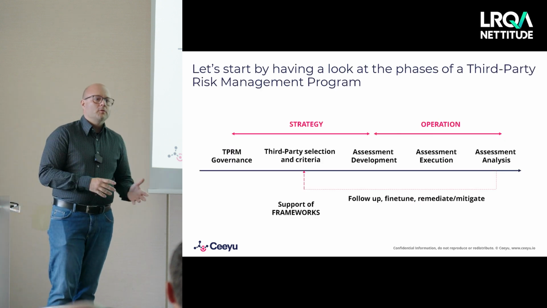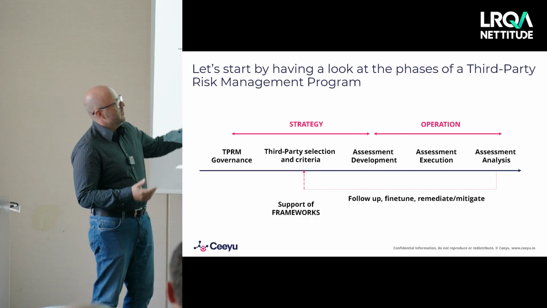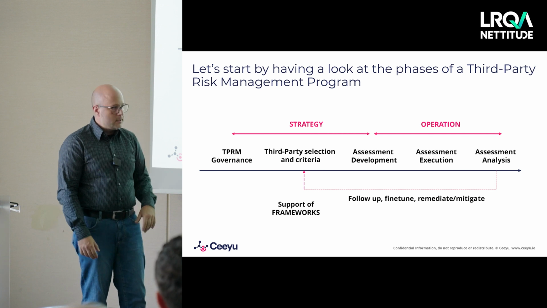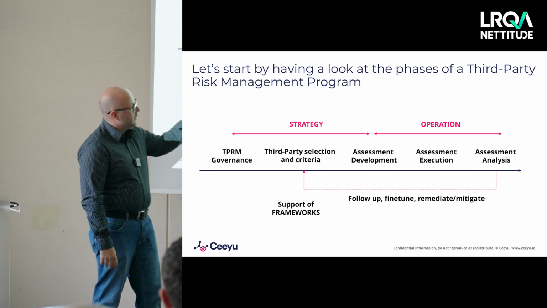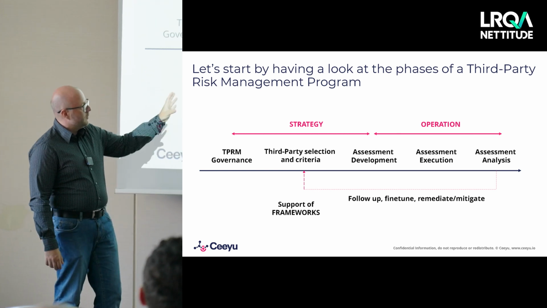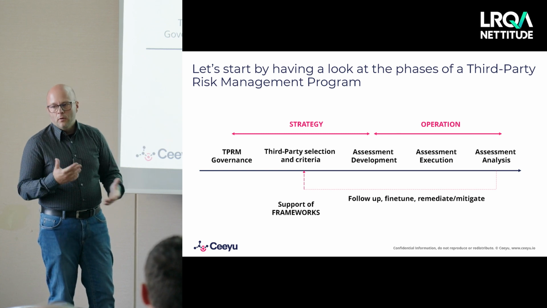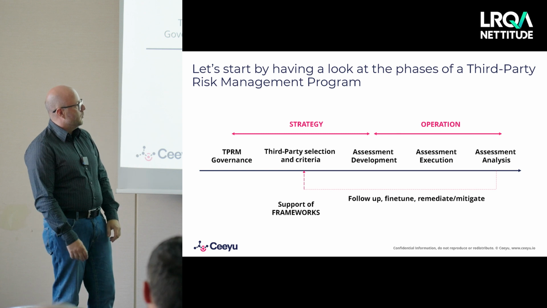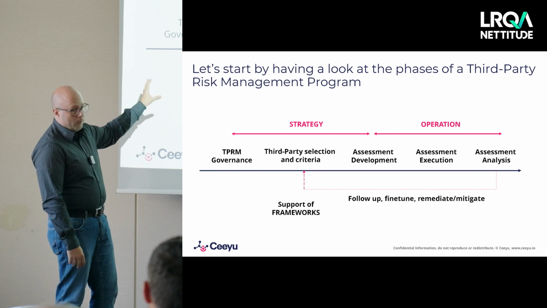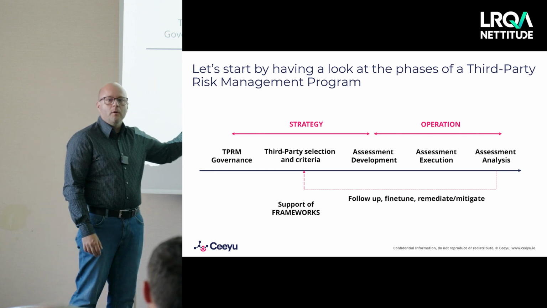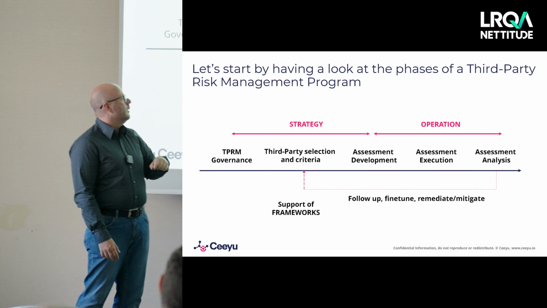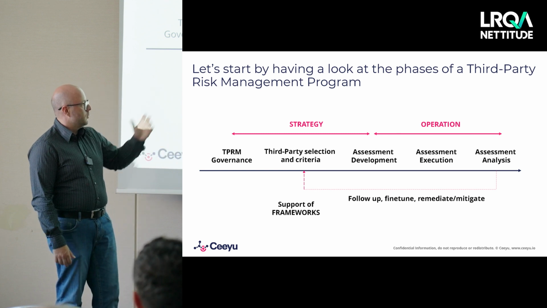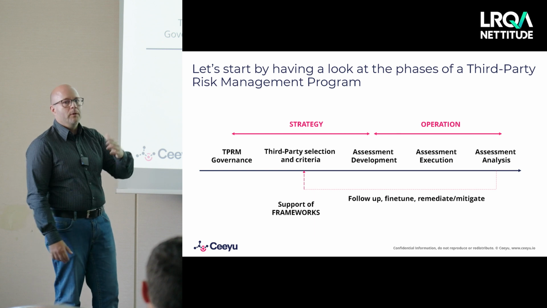So I'm going to walk you through a, let's say, generic third-party risk management process. I'm going to highlight each and every different step. Obviously, your program can differ a little bit from the generic one that I put here. But we'll look at governance, selecting third parties that have to take part in your third-party risk management program, or TPRM program.